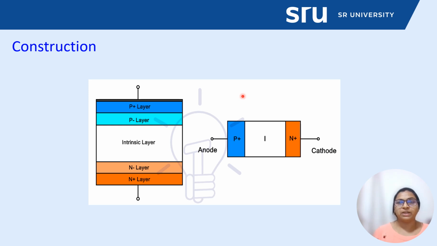There are two main manufacturing methods: one is the mesa structure, another is the planar structure. So what is the mesa structure? Basically, when the P and N layers are grown separately on the intrinsic layer to minimize carrier recombination, resulting in lower resistance and capacitance.